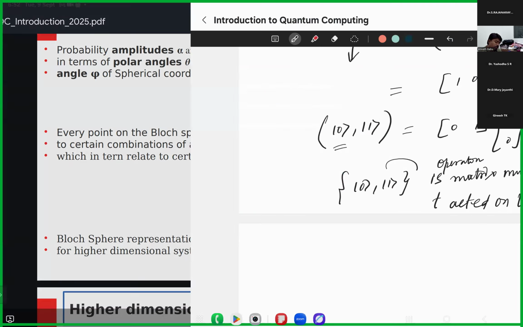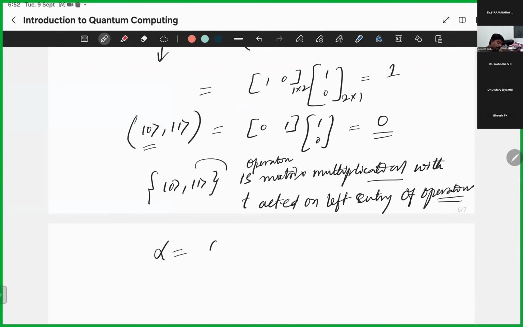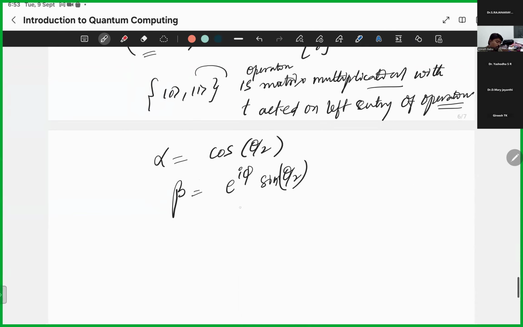They introduced alpha as cos(theta/2) and beta as e^{i phi} sin(theta/2), where theta and phi are the angles of the spherical coordinate system.